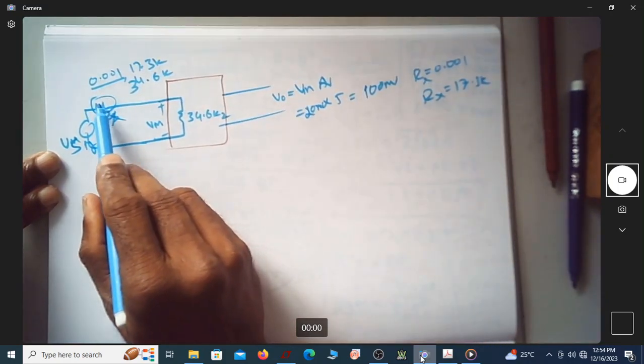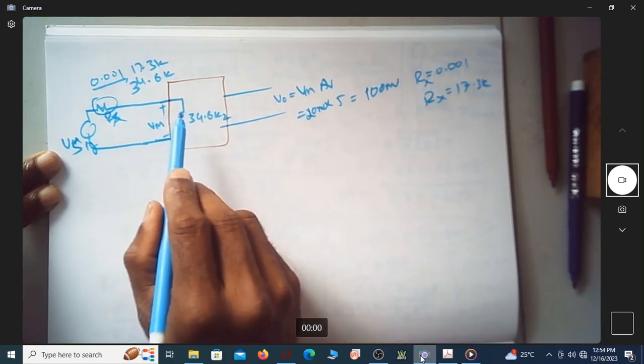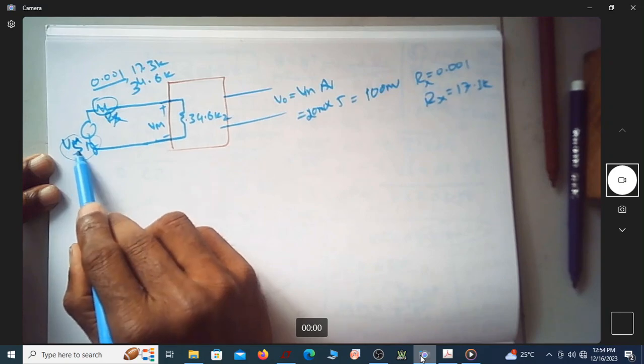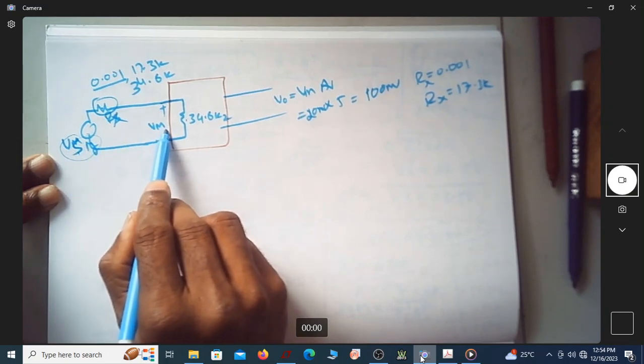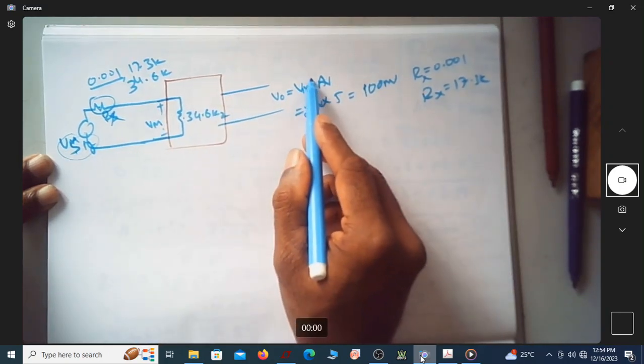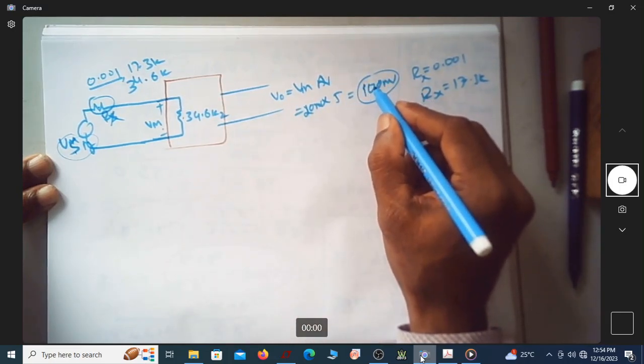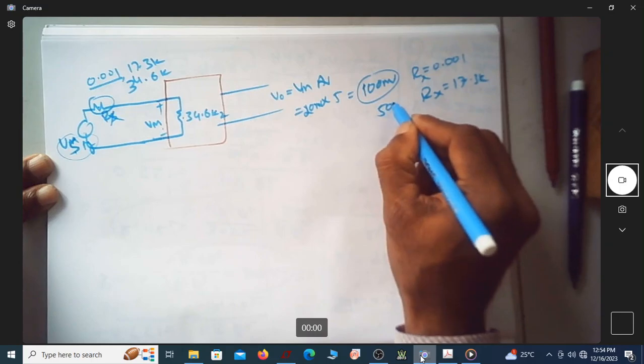When this resistance is equal to the input resistance, half of the V signal will reach, so I'll get half of this 100 millivolt, that will be 50 millivolt.